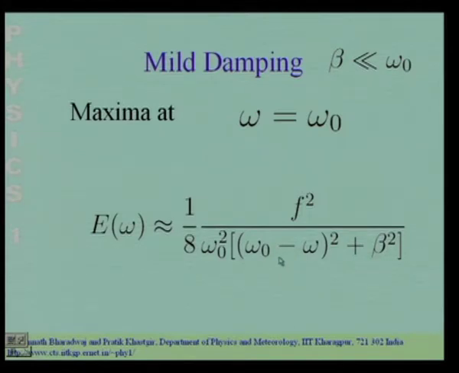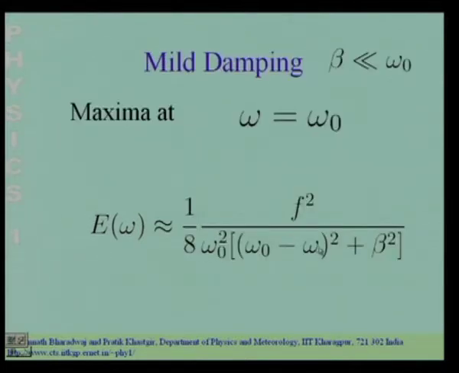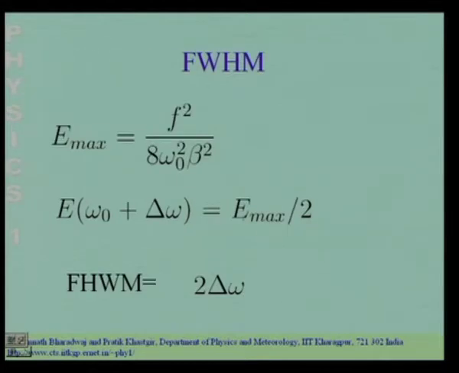Now, let us ask the question, where does the maxima of this curve occur? The maxima occurs when omega is equal to omega naught, and the maximum value of the energy is F square by 8 omega naught square beta square. So, when you set omega equal to omega naught, you get the maximum value, which is this.